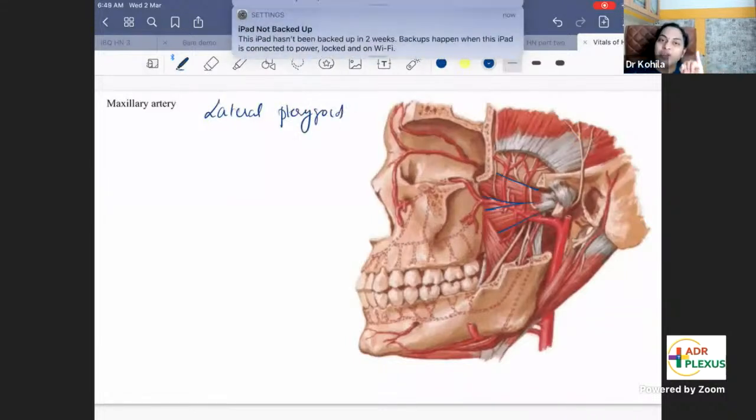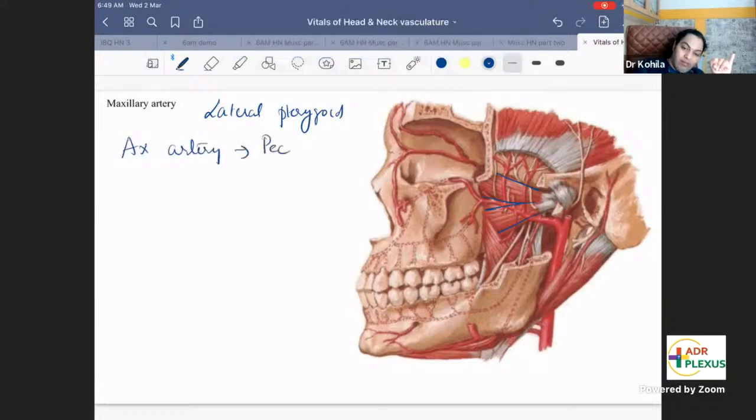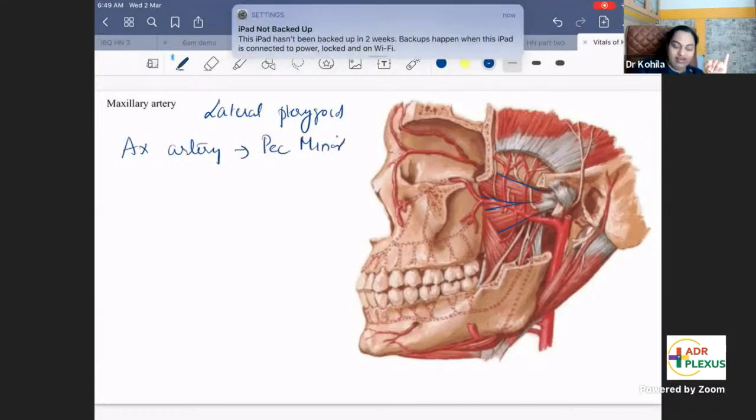Very good. So we have seen four things divided into 3 parts. Axillary artery is divided into 3 parts by pectoralis minor. Subclavian artery is divided into 3 parts by scalenus anterior.